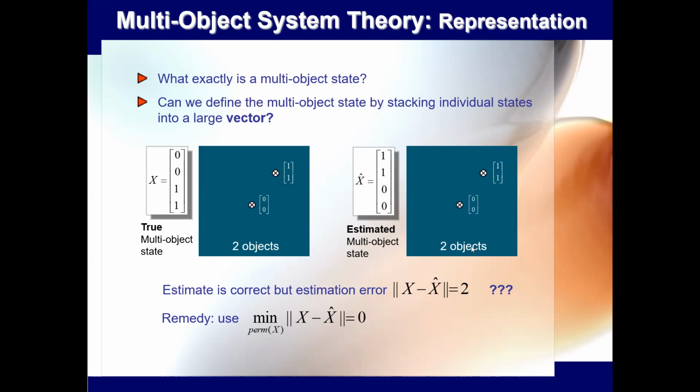Look at this example. There are two objects on the left-hand side, (0,0) and (1,1). This is the truth. The estimated states are (0,0) and (1,1). There is no error, right? But if you match them in a different order, then the error is not 0. The true object state is defined by a 4 by 1 vector (0, 0, 1, 1), just concatenating the coordinates.